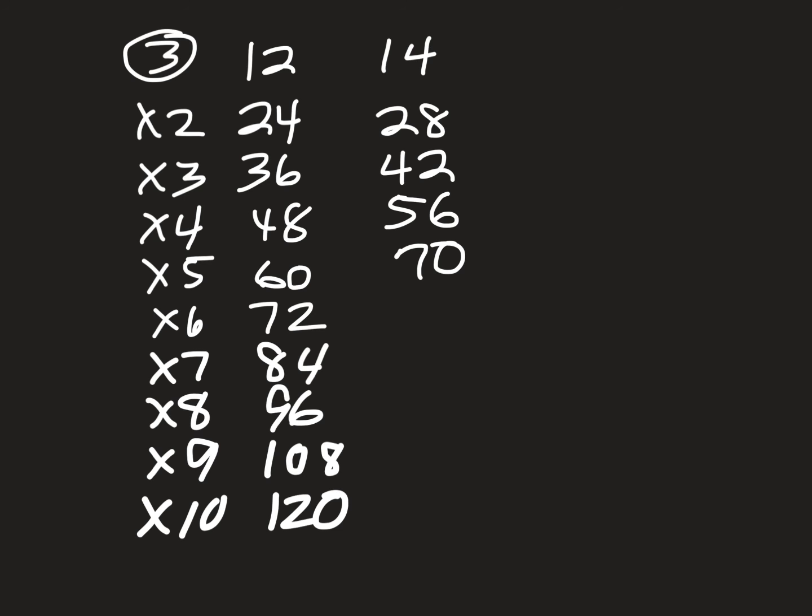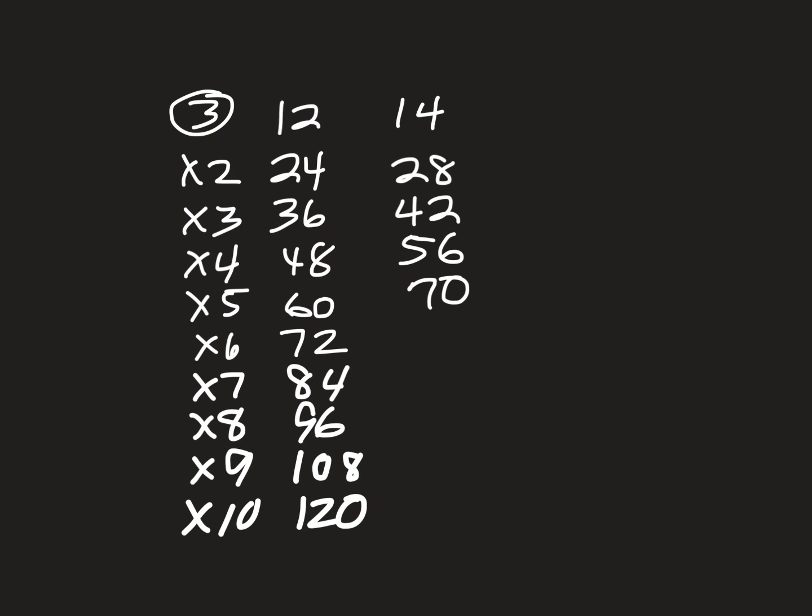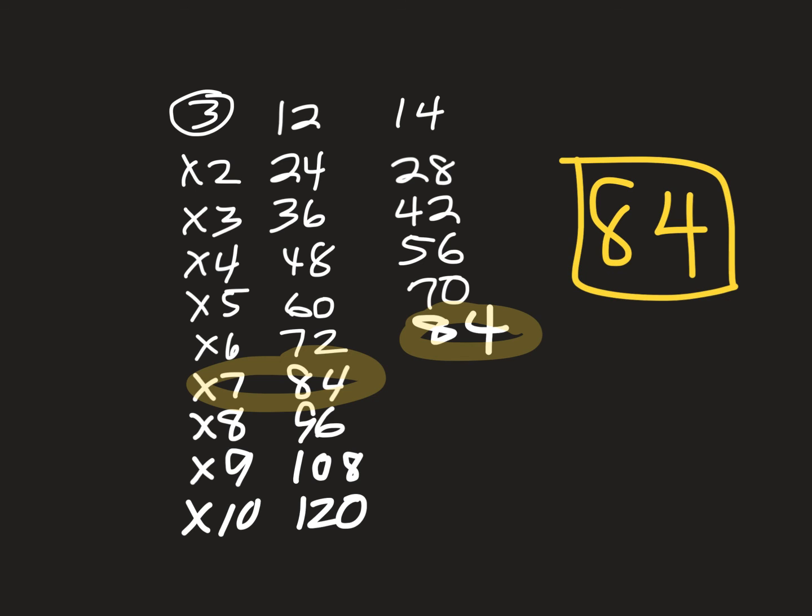So now I'm going to go back to my list of 14s here. 14 times 6 is 84. Oh, I didn't need to go too far because that did get us one that we have in common on the list. So the least common multiple for 12 and 14 is 84.